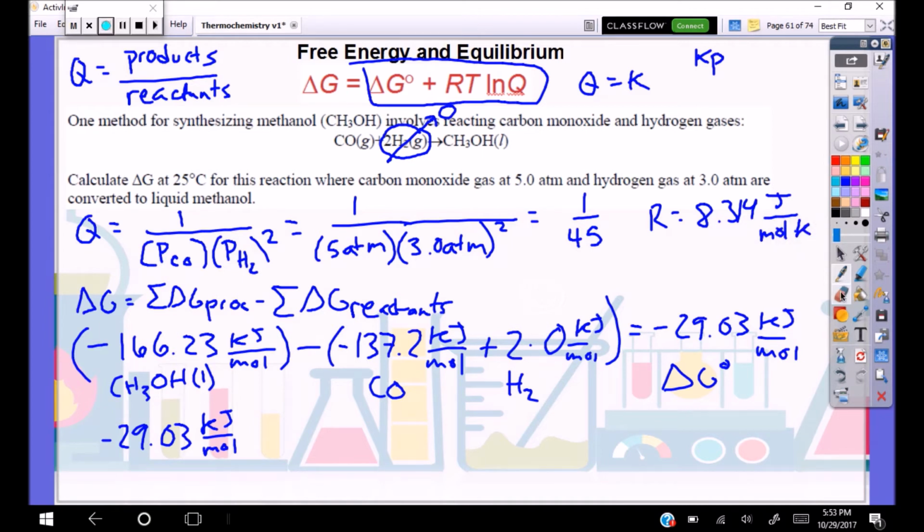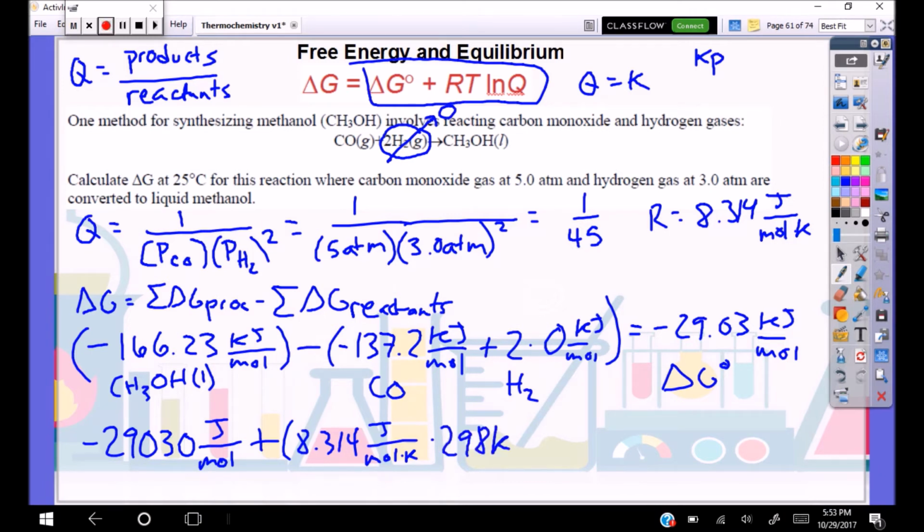So I'm going to save myself some trouble and make this delta G naught in joules, joules per mole, plus 8.314 joules per mole K times, they say it's at 25 degrees Celsius, so we need to put that at 298 K. And then my natural log of 1 over 45, which we calculated up here, right? That's my Q value.